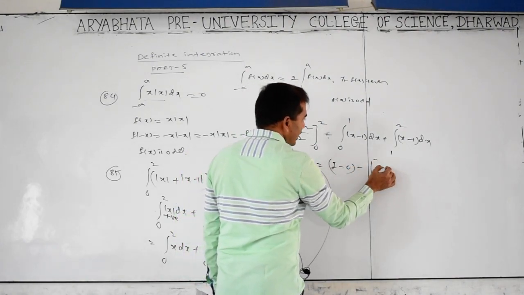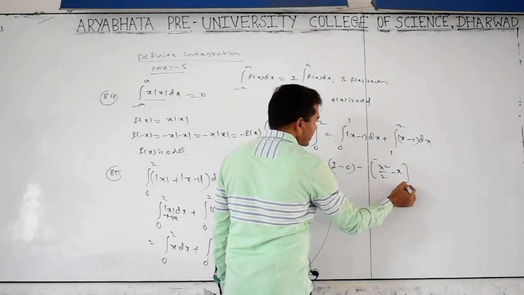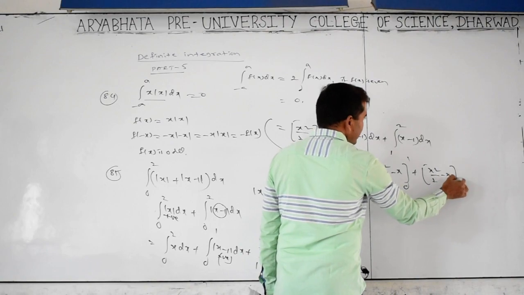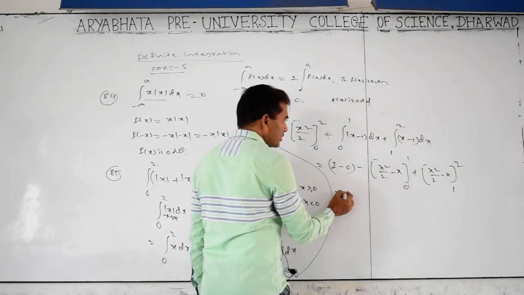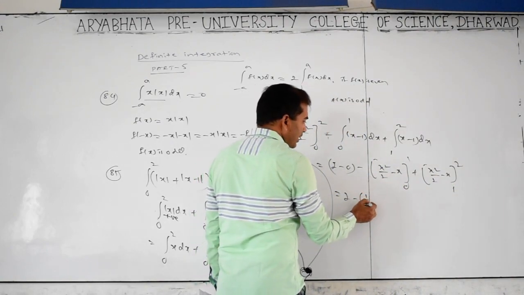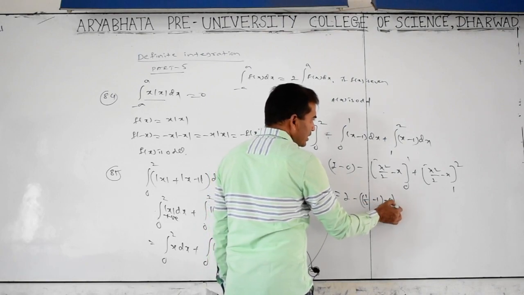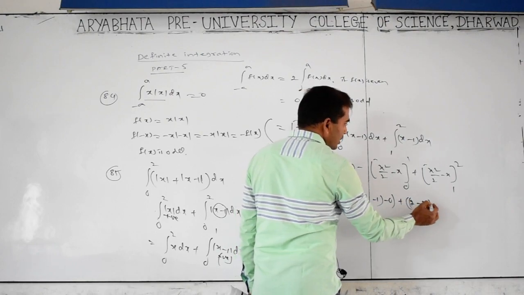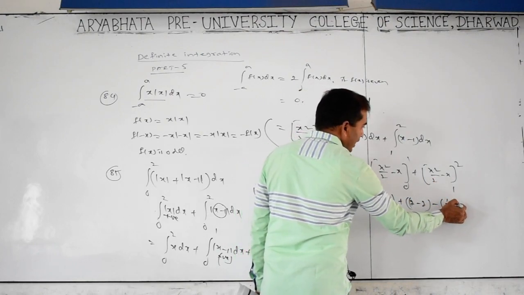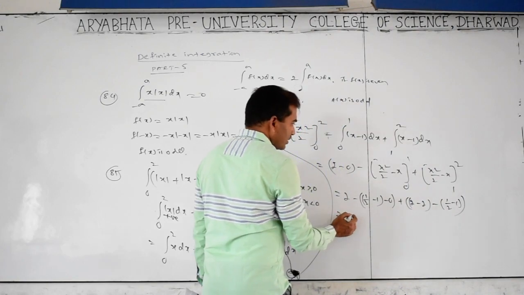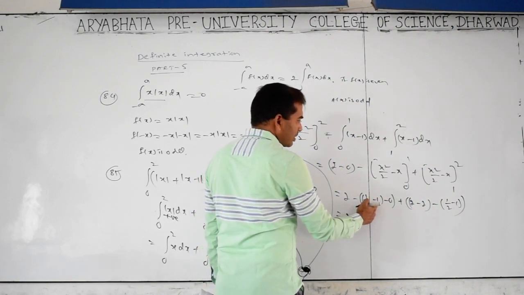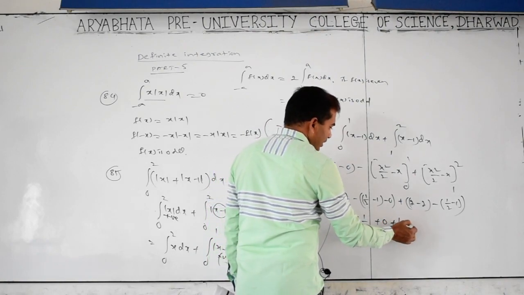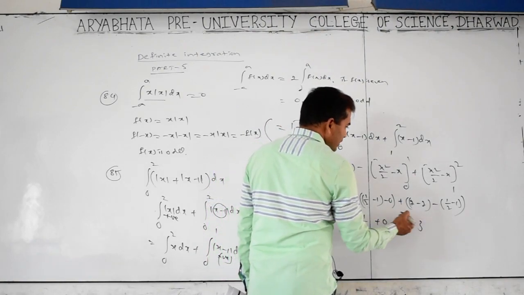This is integration x square by 2 minus x, limit 0 to 1, plus x square by 2 minus x, limits 1 to 2. This is 2. Upper limit 1 by 2 minus 1, lower limit is 0. 2 square is 4 by 2 is 2, minus 0, and 1 by 2 minus 1, minus 1 by 2, minus minus plus 1 by 2, and 0, and plus 1 by 2. So 1 plus 1 is 2, plus 1 is 3. 3 is the answer.